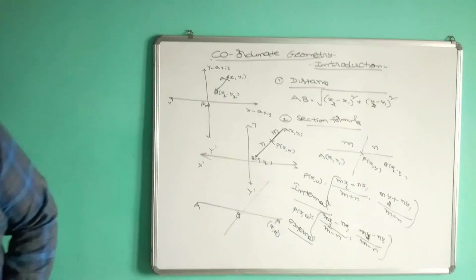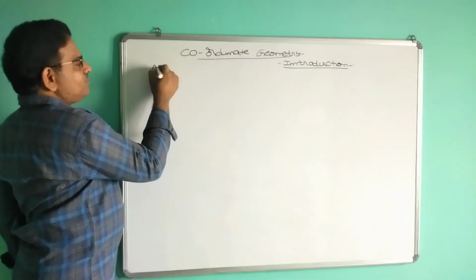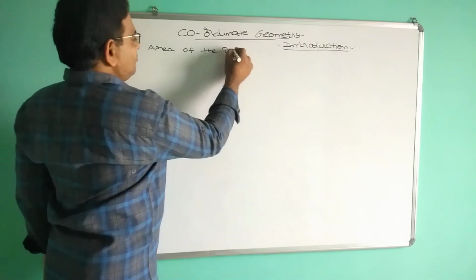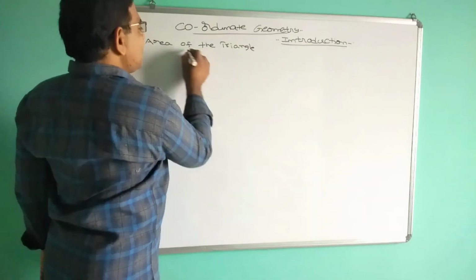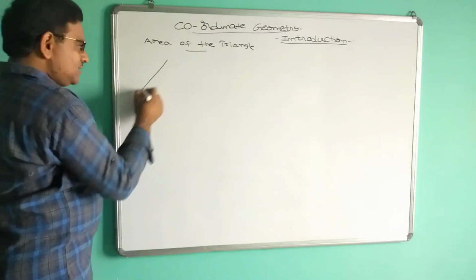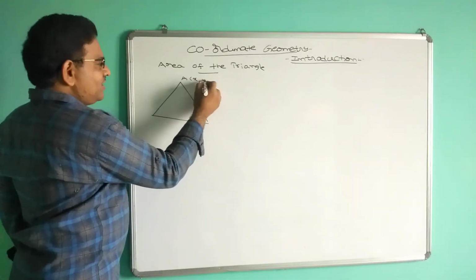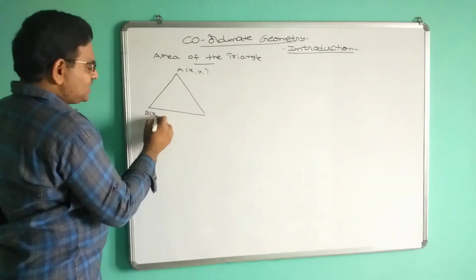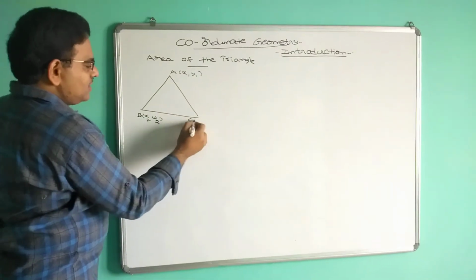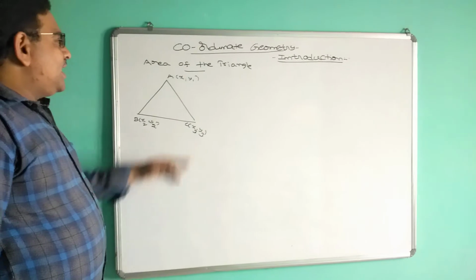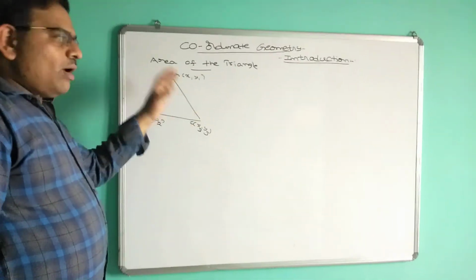Now the next formula is the area of the triangle. That means, for suppose A(x1, y1), B(x2, y2), C(x3, y3) are the 3 points forming a triangle in the two-dimensional coordinate plane.